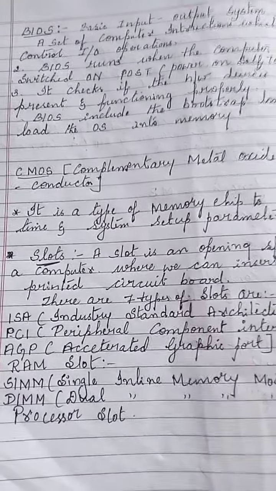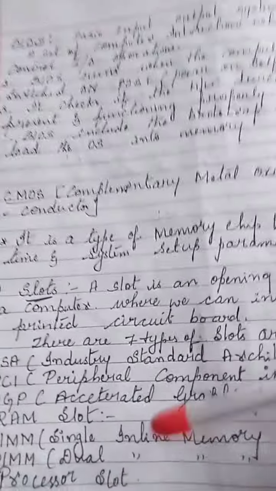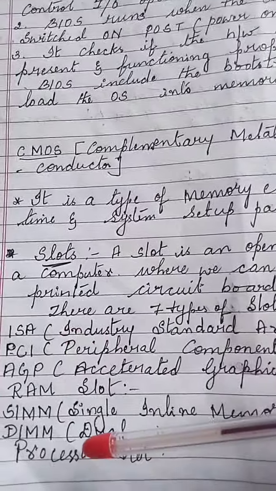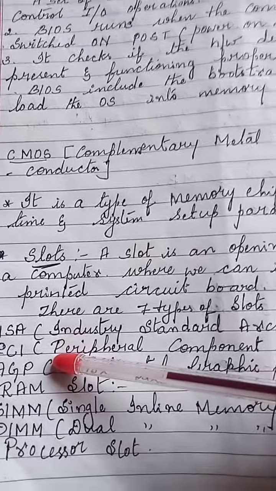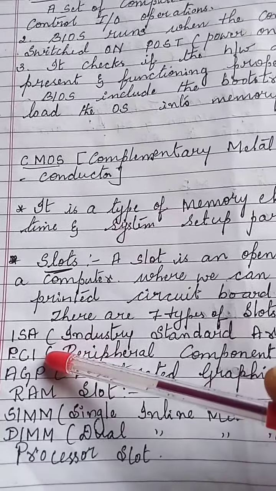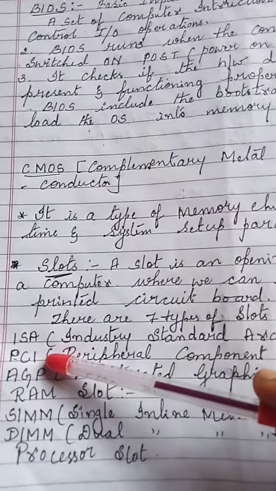So what is the work of ISA? It is used to connect modem and input devices. PCI is used to connect the graphics accelerator and sound card.